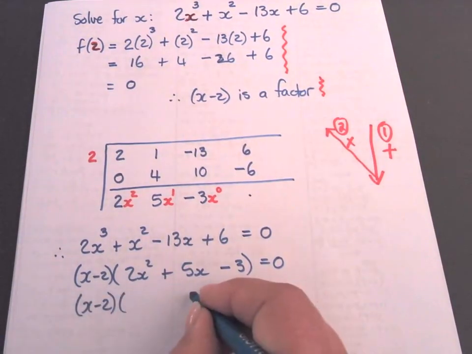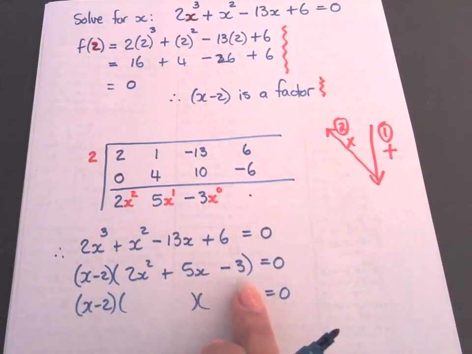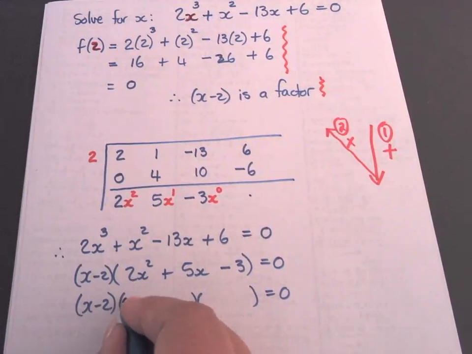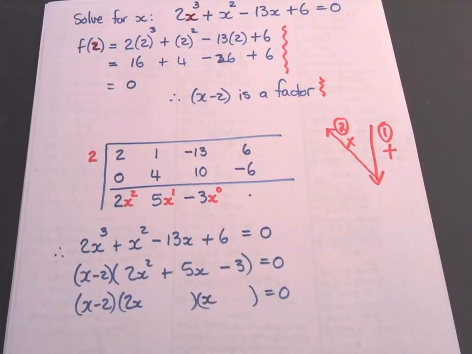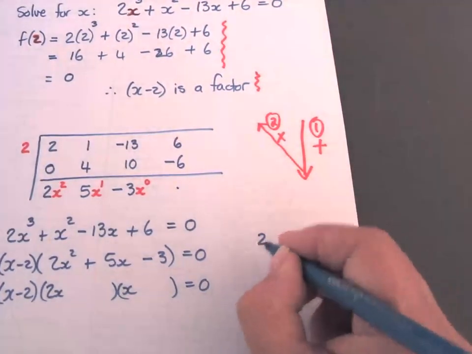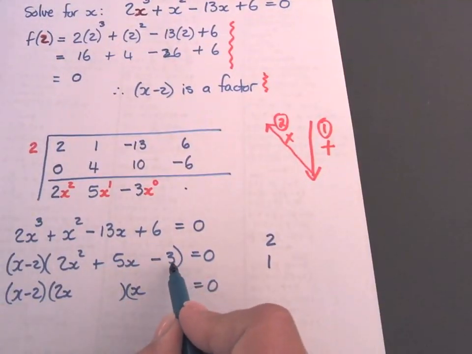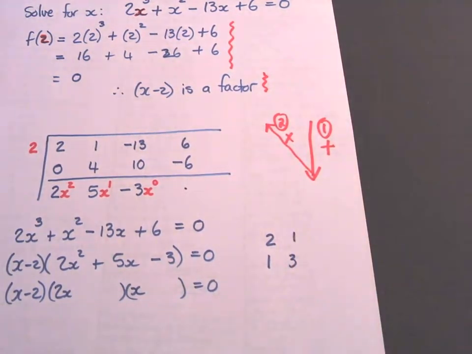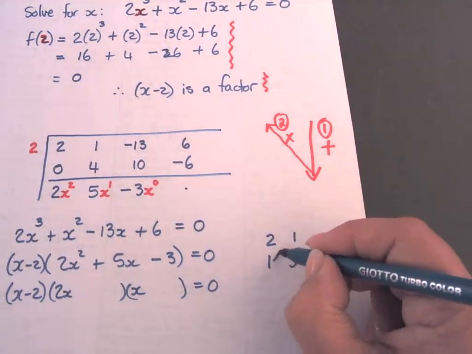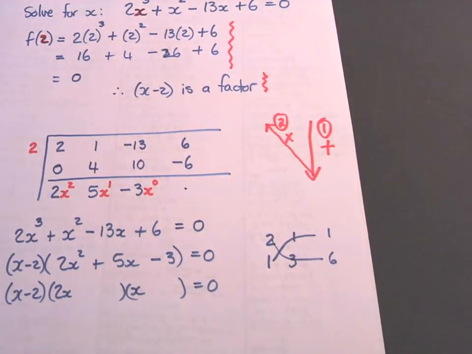x minus 2 stays there, and then I factorize the big bracket. 2x squared is 2x times x. That means it's 2 times 1. Now I have to multiply the 3. 1 times 3. Cross multiply, that gives me 6 and 1.